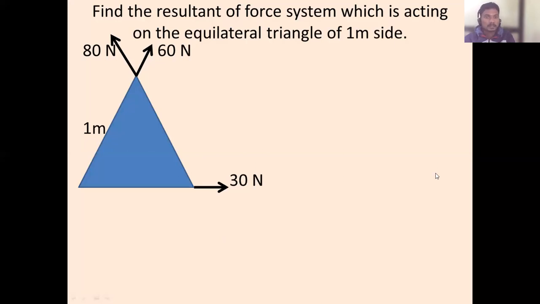Very good. Please draw this triangular diagram in your notebook quickly. Show the forces so that we can start the problem. I will give time. So here I will write given.